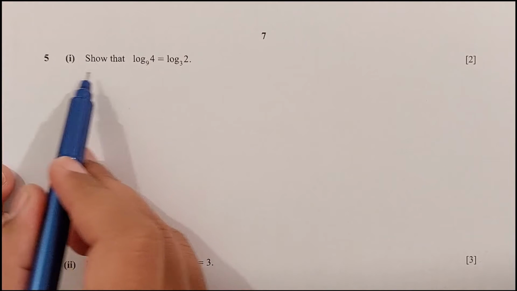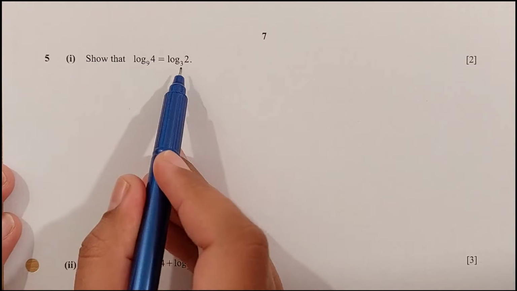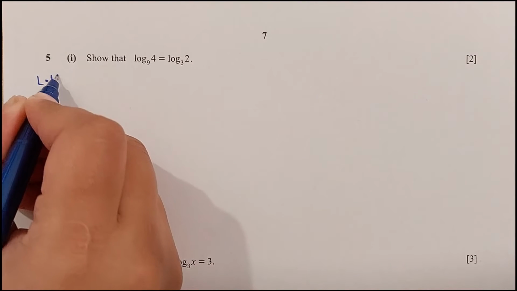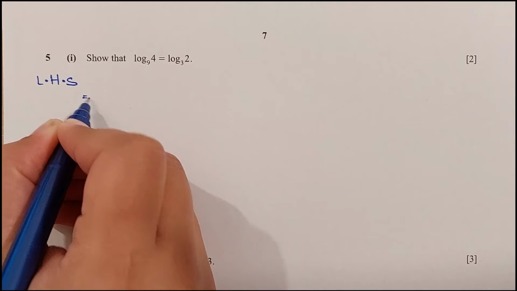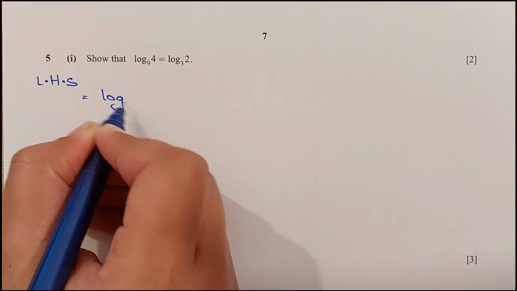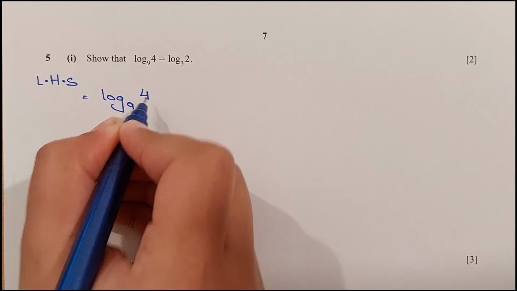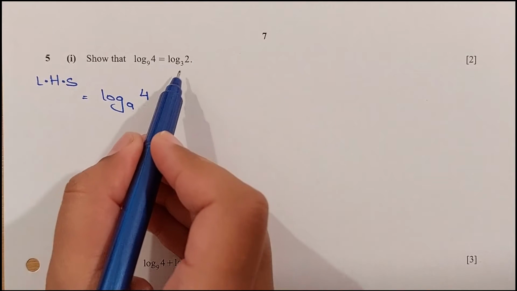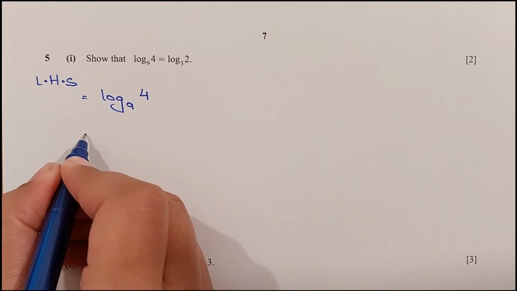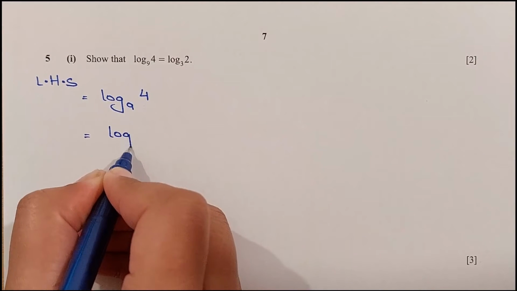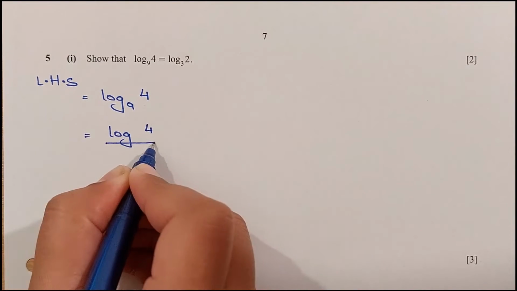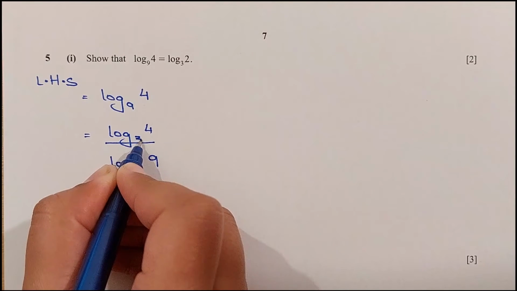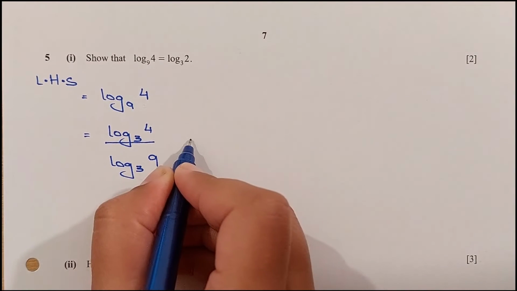Question number 5, part 1: show that this side equals this. Okay, so starting from the left hand side, we have log base 9 of 4. If I use the change of base formula here, the base is 3, so let me use log base 3 of 4 over log base 3 of 9.